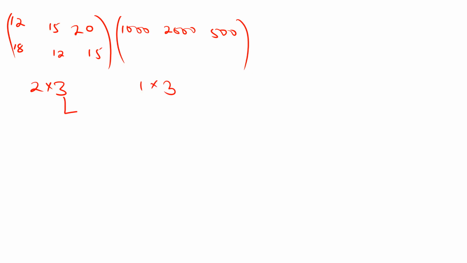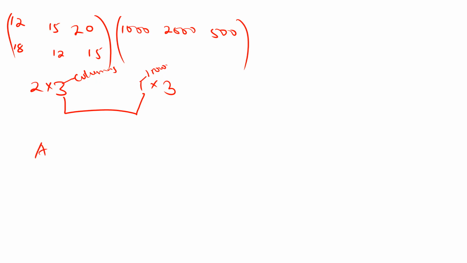For two matrices to be compatible for multiplication, you should come here and ask how many columns. Here we have 3. And then how many rows do I have? I have 1 row. Now these matrices cannot be multiplied.